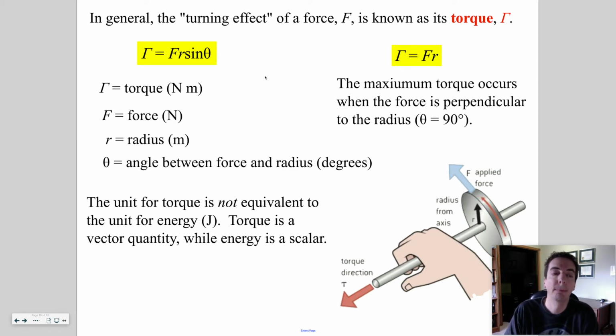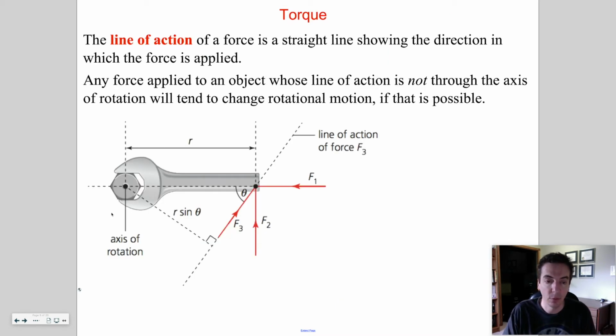Okay. So here's your torque represented by tau. The units for torque, Newton meter. The force in newtons times radius, so it kind of makes sense. Radius would make sense because if we were to push really close to the nut on a wrench versus really far away, just imagine doing that.